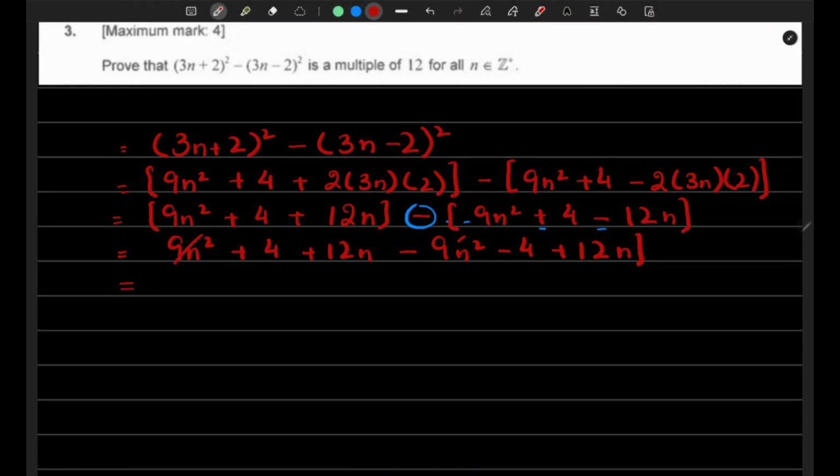This cancels this one, 4 and 4 cancel, and the terms left we have 24n.